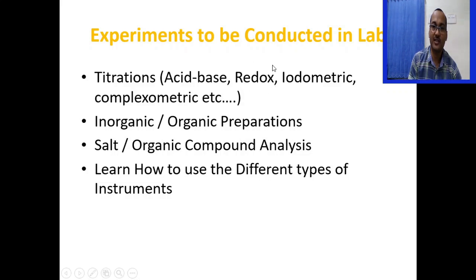Similarly, in redox titration, one will be oxidized and the other one will be reduced. And in iodometric titration, the liberated iodine will be titrated against sodium thiosulfate solution. And they will carry out inorganic, organic preparations or synthesis. They will do salt or organic compound analysis. And students will learn how to use different types of instruments.